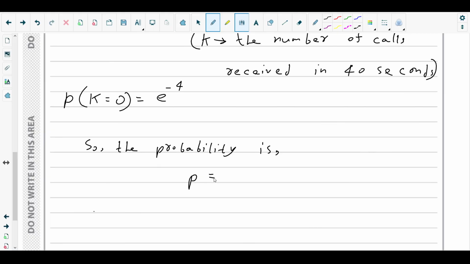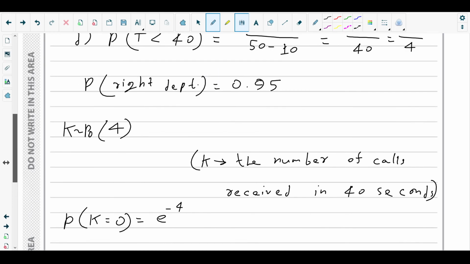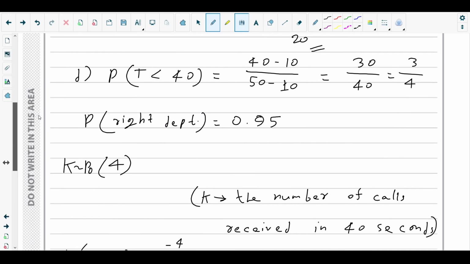The three events are totally independent, so for the three independent events to occur at the same time, the probabilities have to be multiplied. Let's multiply the three probabilities.